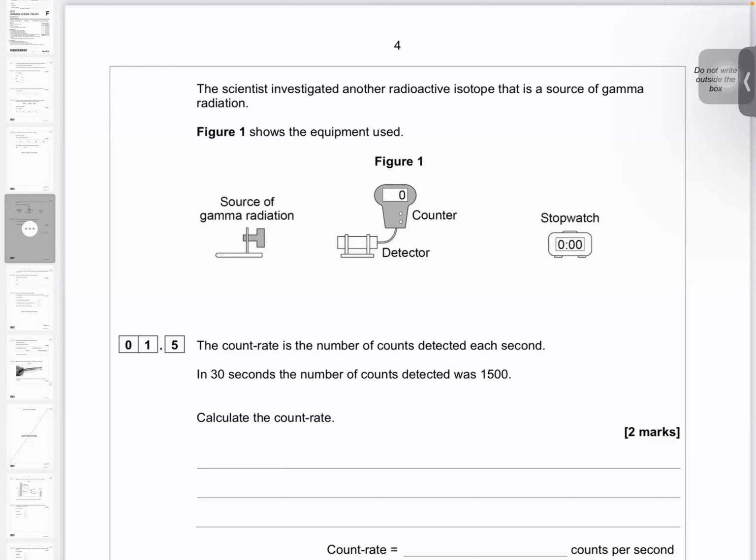Okay, so what do you think about this? It has defined what count rate is for you: number of counts per second. And it now goes on to tell you how many counts were detected in 30 seconds. So what do you think will be the count rate? 1,500 divided by 30, right?